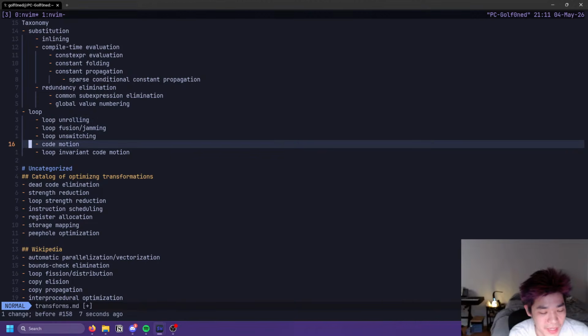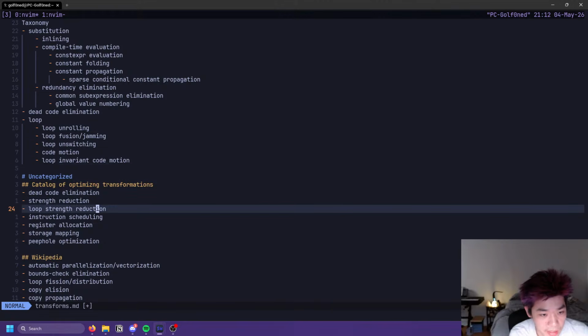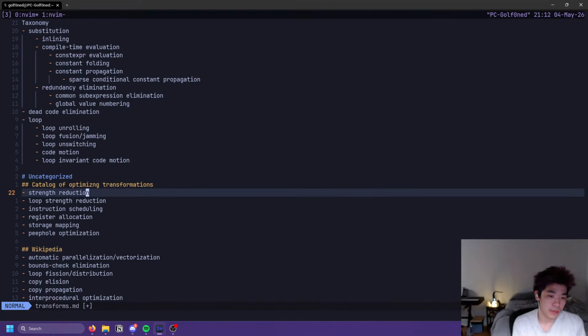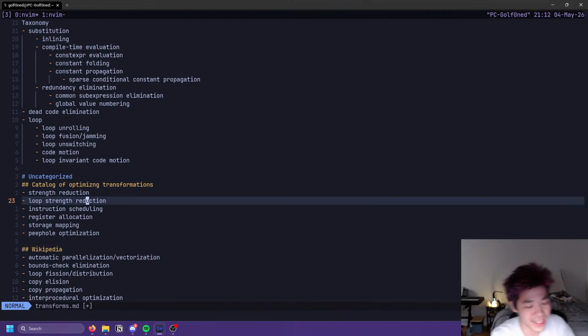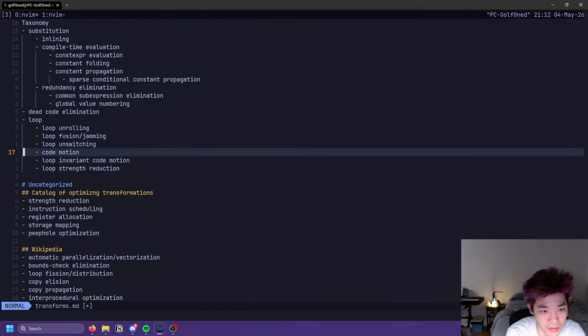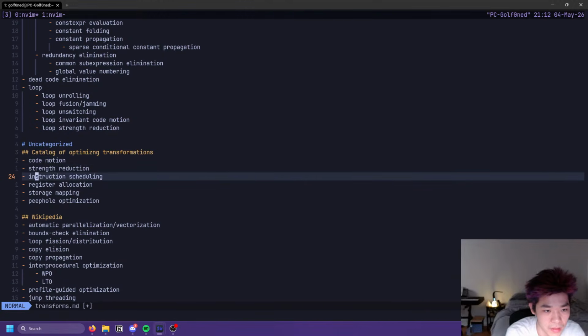Right, loops just make this awful. Dead code elimination gets its own category. Yeah, I really want to, we'll put this here as well. I don't know.